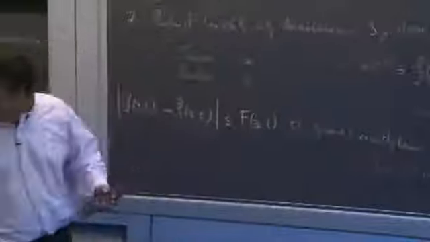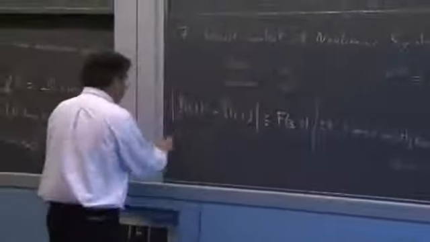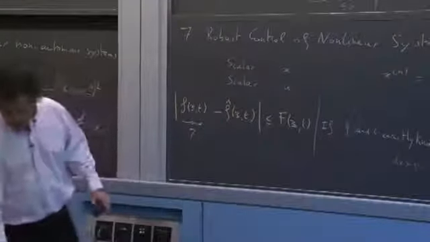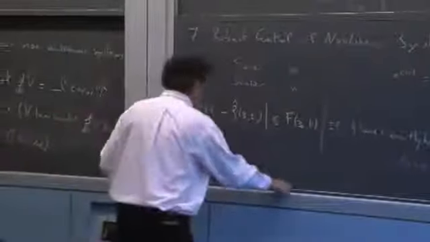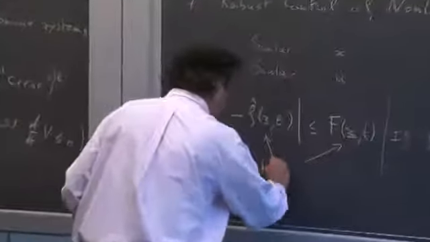In other words, this quantity you don't know, and these two quantities you know: the estimate, and how bad or how good it can be.